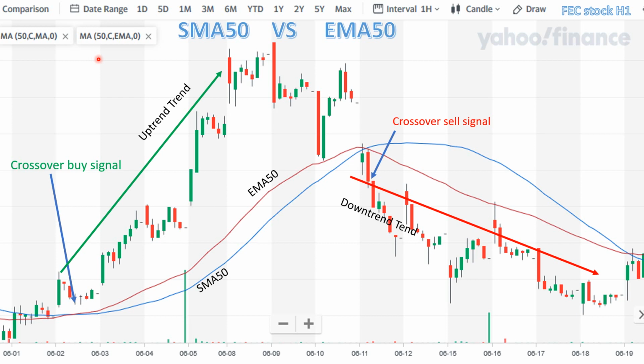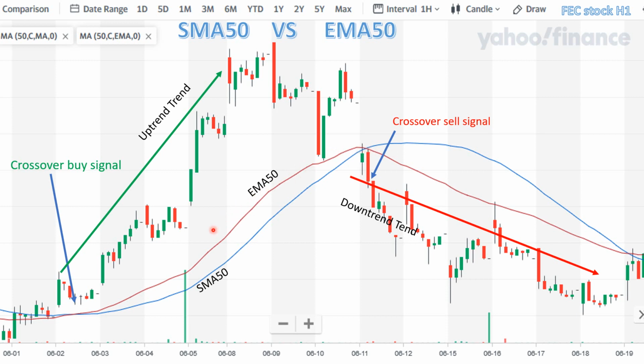One of them is EMA 50 right here. Another one is SMA 50 right here, simple moving average. Now, this is the simple moving average SMA 50 indicated with the blue color. And this one is EMA 50, exponential moving average, indicated with the red color.